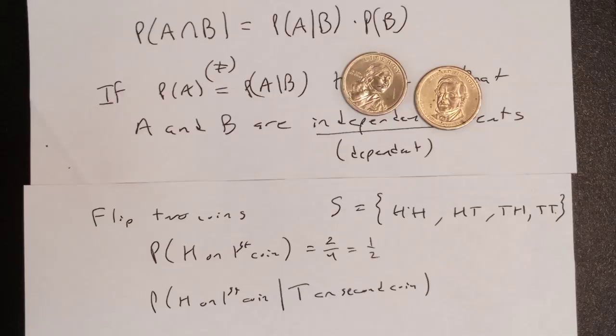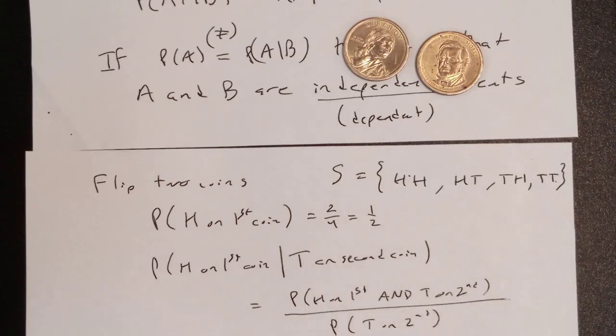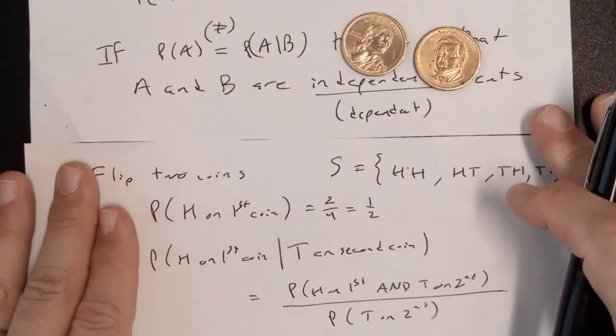But now my conditional probability. The formula for my conditional probability is the probability of the "and" over the probability of the second.